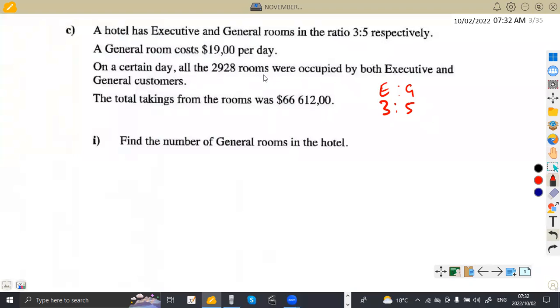We are given that all the rooms here that we have, they were occupied, which means everything was occupied. So you can take it from there to say the general here, it has got a ratio of 5. So 5 is going to give us, we do not know the equivalent, but the total now of the room, which means we have to add 3 plus 5 for the total ratio, which is 8.